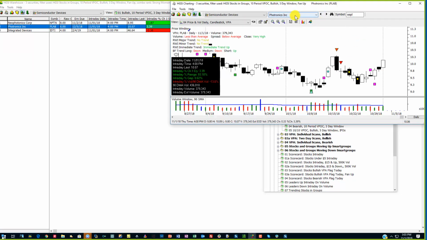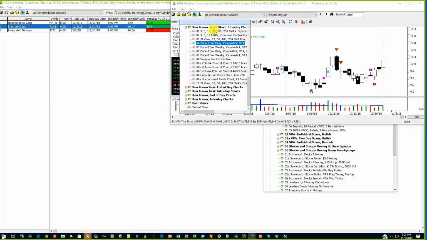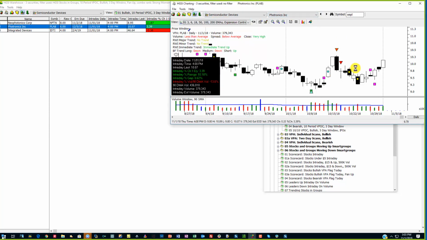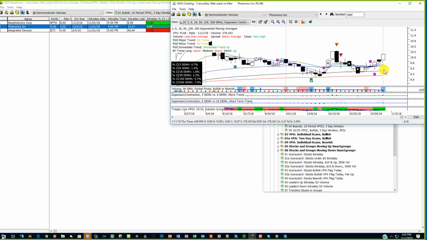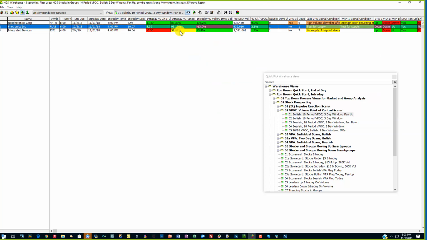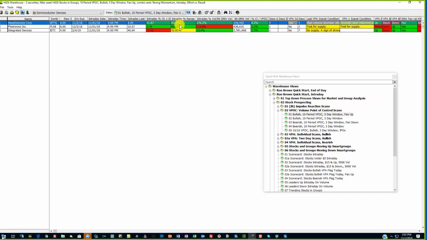There are very few of them. I need to go to that chart. With a fan, it means that the 200s, the 100s above the 200, the 50s above the 100, and the 18s above the 50. There are only 3 stocks that had a fan formation.